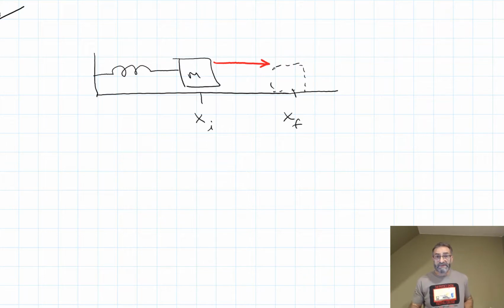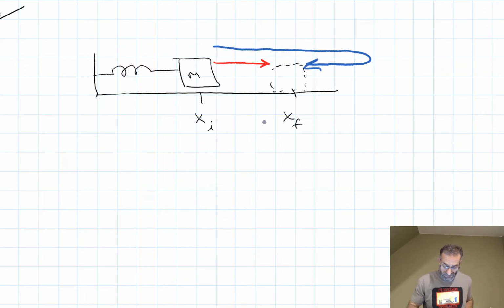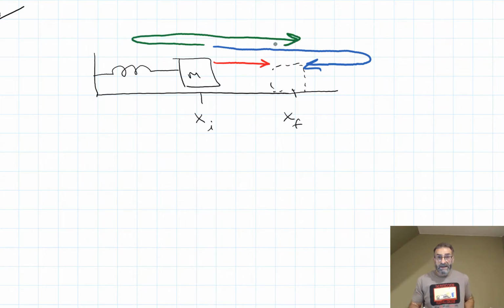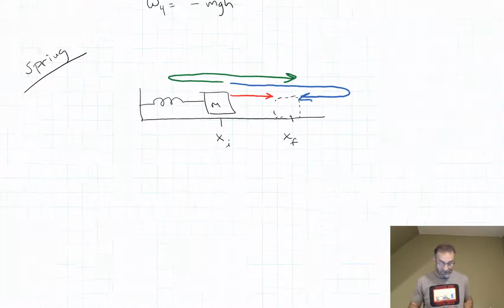Just stretch it out, and the work done by that spring would be exactly the same as if we moved it on this path, way out, and then brought it back. And the work done would be exactly the same as if we moved on this green path, if we pushed it in and then came out. The work done for all 3 of those paths would be the same. This is also a conservative force.